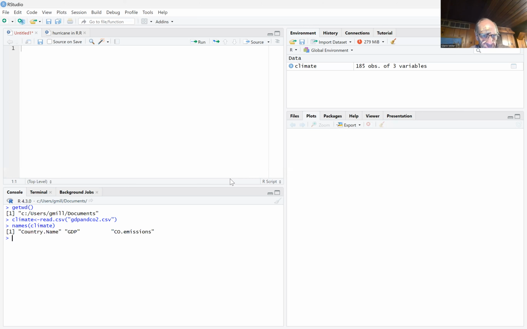That's going to come first here. I'm going to make a scatter plot, and that depends on GDP. The data that I'm drawing from is climate, it's the data frame.